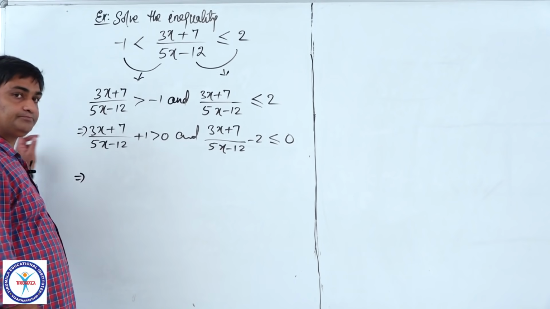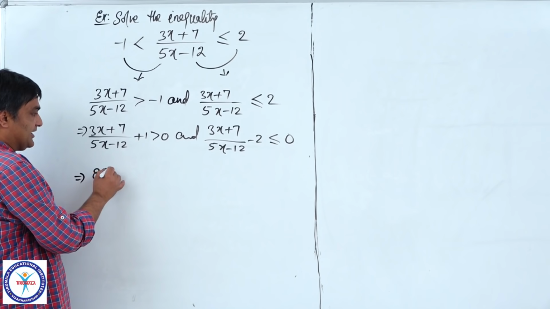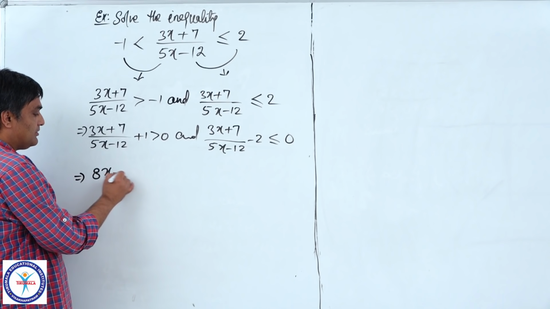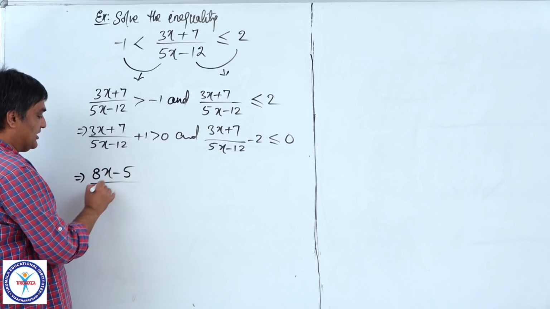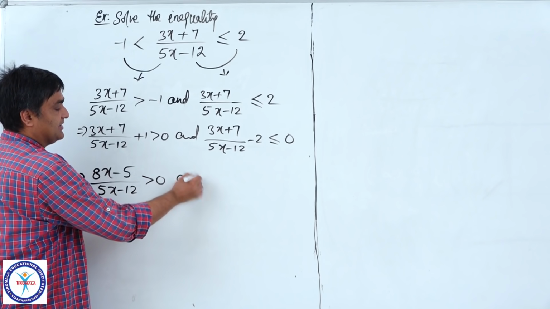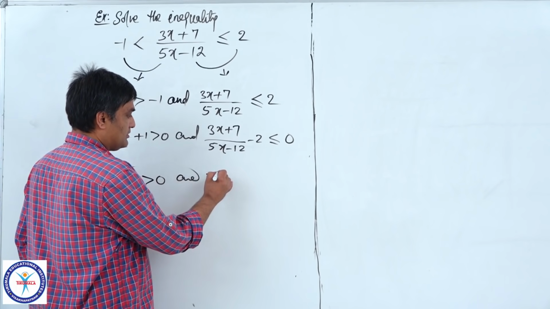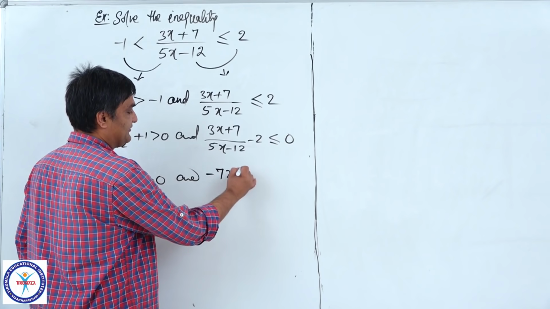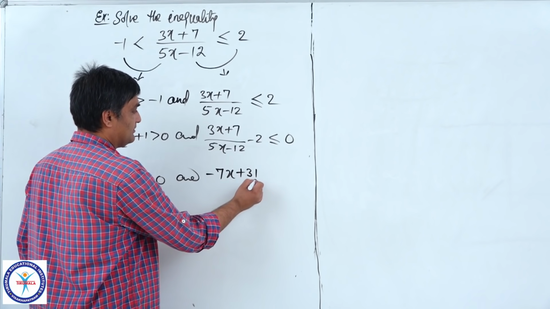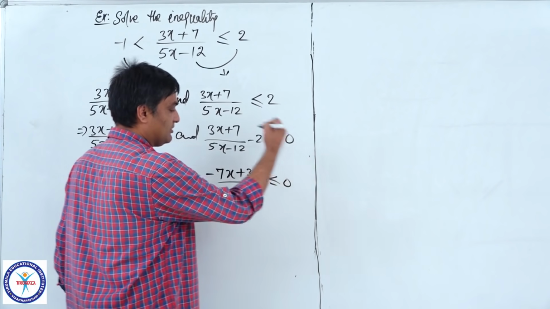Now, 8x minus 5 by 5x minus 12 greater than 0, and here minus 7x plus 31 by 5x minus 12 less than or equal to 0.